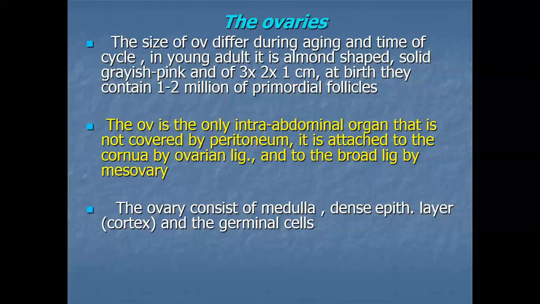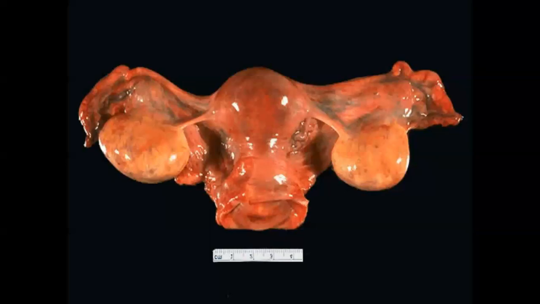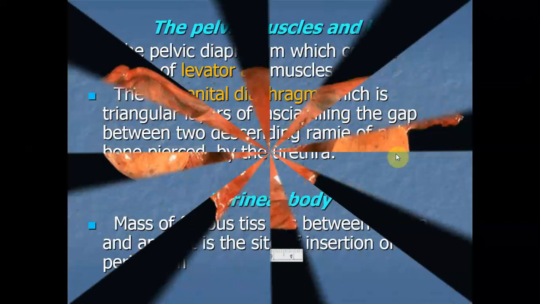If you remember, these are of three embryonic origins. This picture shows you the posterior part of the uterus, and the ovaries are attached posteriorly by the meso-ovary. This is the meso-ovary, and to the uterus by the ovarian ligament. Again, laterally here is the infundibulopelvic ligament.